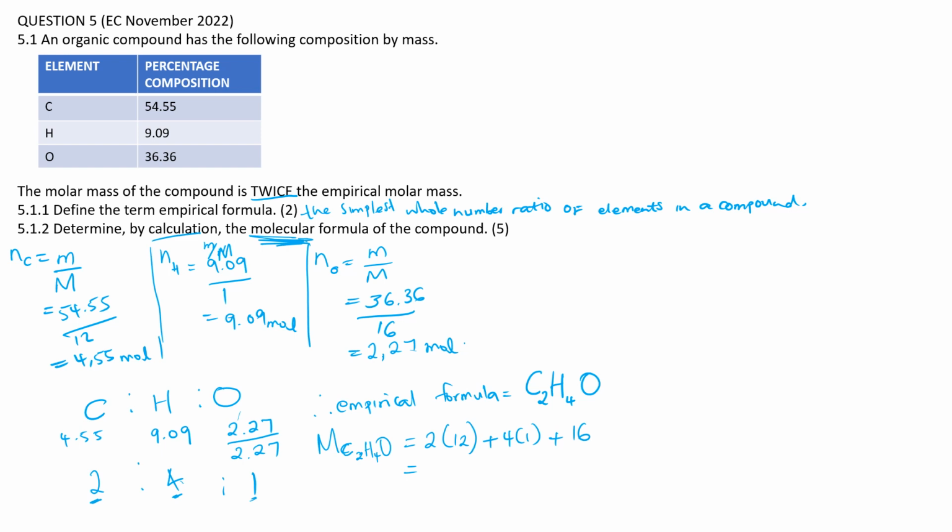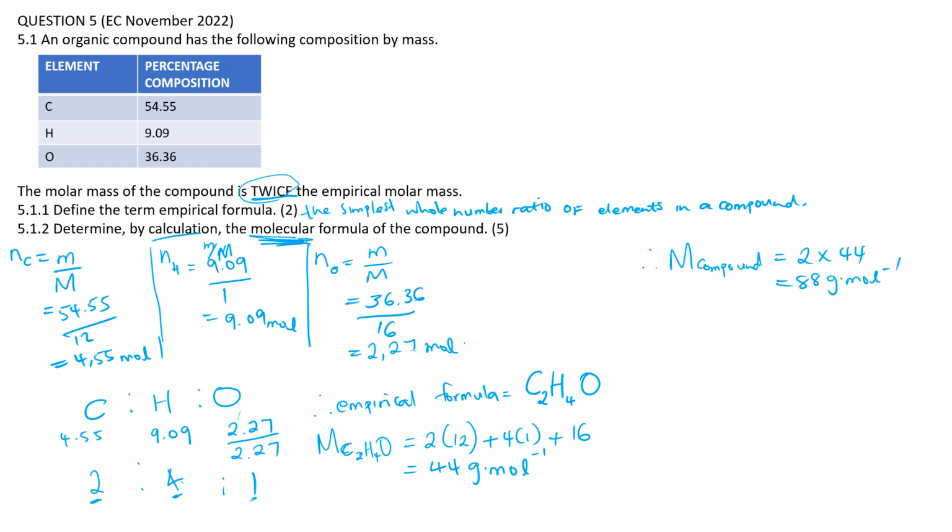So the molar mass of your empirical formula is 44 grams per mole. Now remember, in the question, they said that the molar mass of the compound is twice the empirical molar mass. So the molar mass of the compound will be equal to 2 times 44, which is 88 grams per mole.